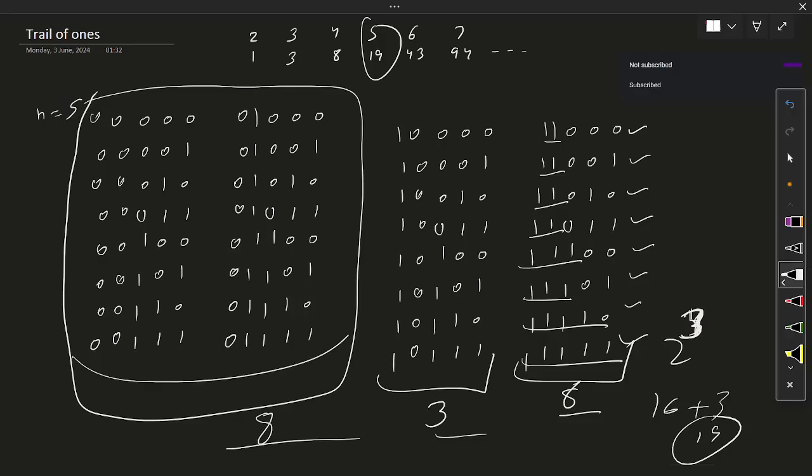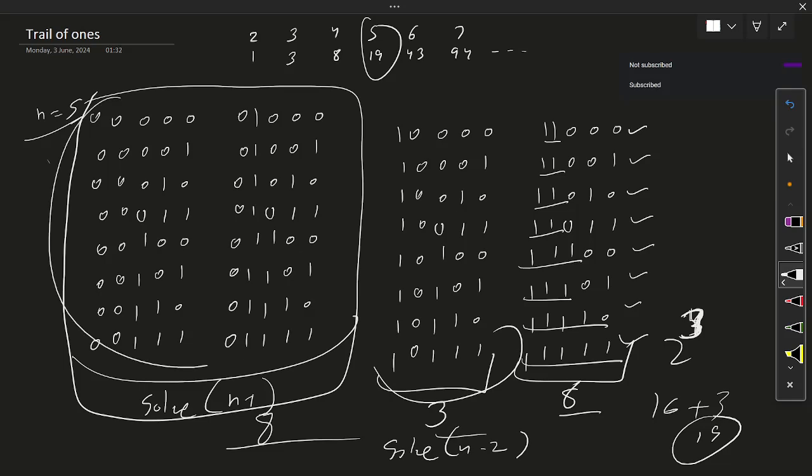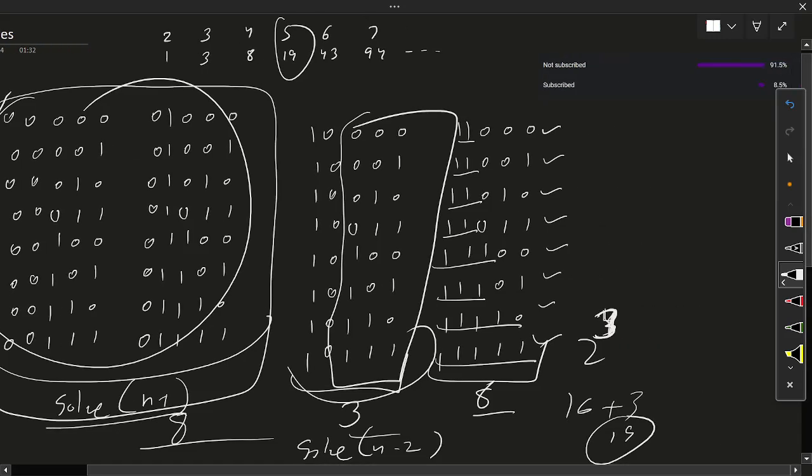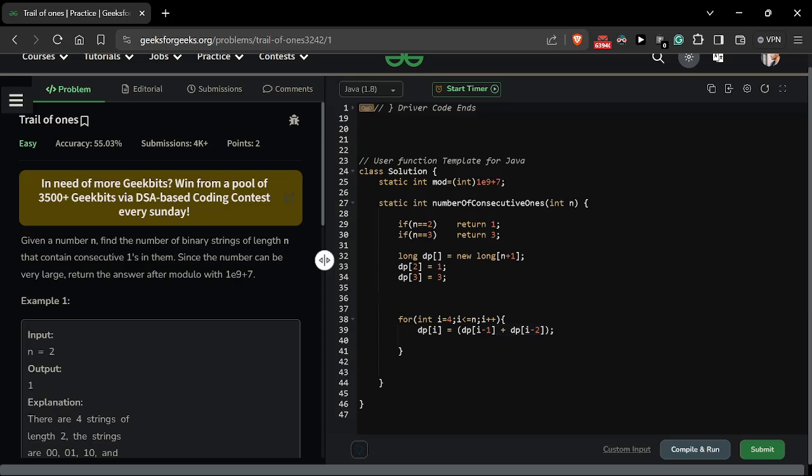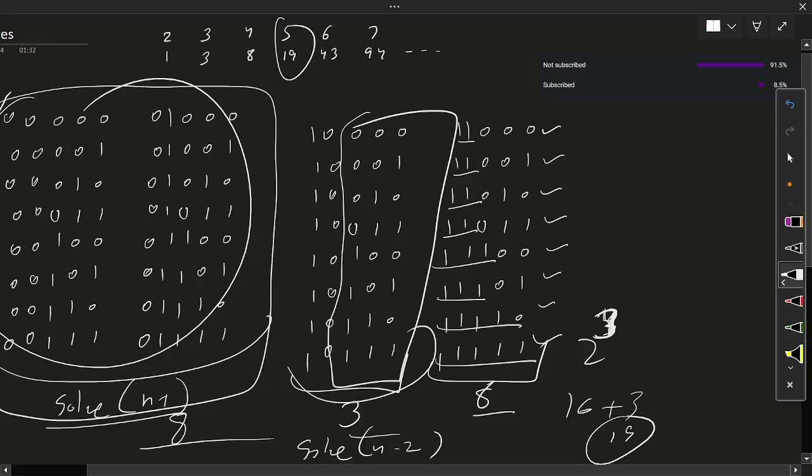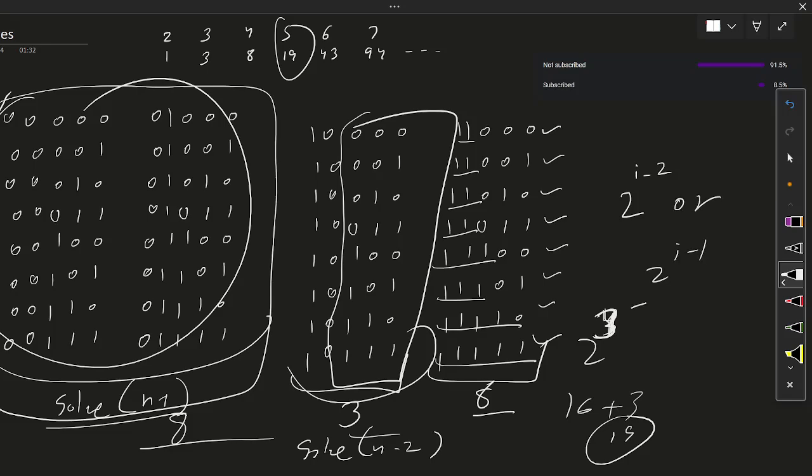As I already told you, for 5 I have to consider solve n minus 1 and solve n minus 2, that is the sets of 4 and 3. And I also have to consider a to the power of b, meaning 2 to the power of i minus 2, or 2 to the power of (i minus 1) by 2.